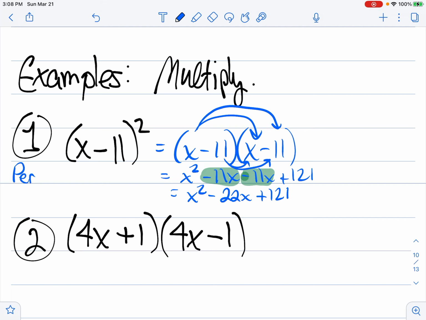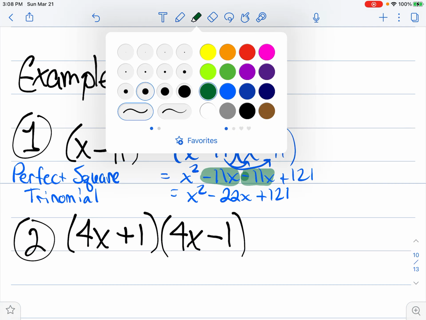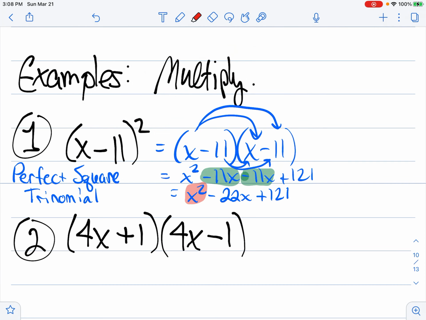This is an example of a perfect square trinomial. And the reason why it's called a perfect square trinomial is because the first and the last terms are perfect square numbers, okay? Those are both perfect squares.